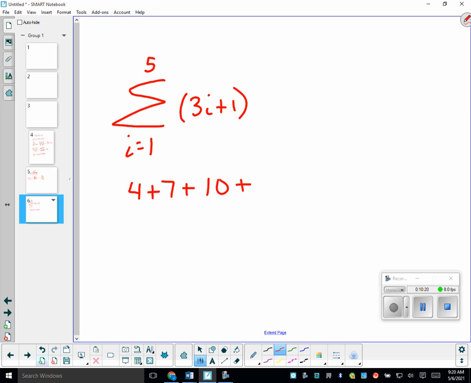A 4 and a 5. And I add all these up, which I believe is 50? Yeah. That's what that does. Make sense to you?